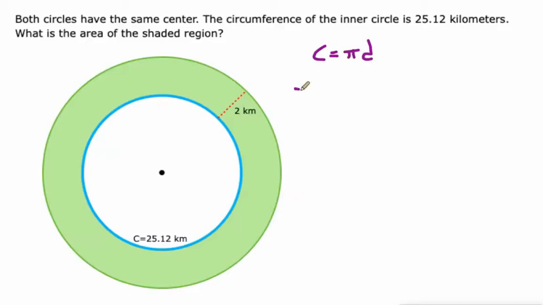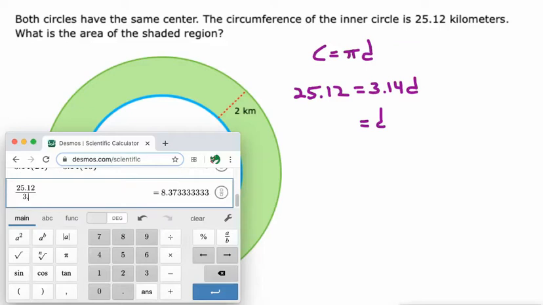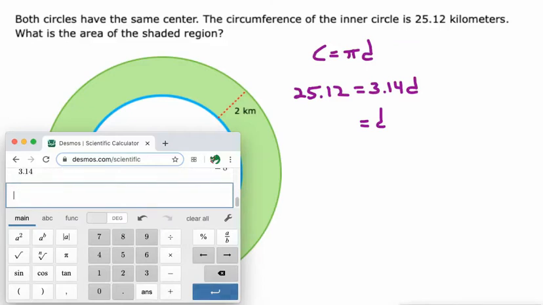So let's do 25.12 equals 3.14 times the diameter. All right, so if we just divide both sides by 3.14, we'll then know the diameter. So 25.12 divided by 3.14 is 8.